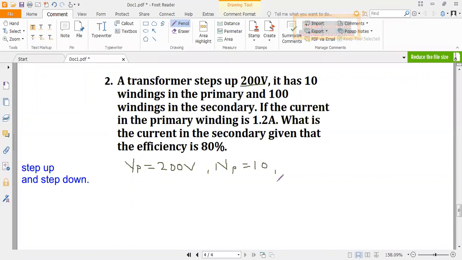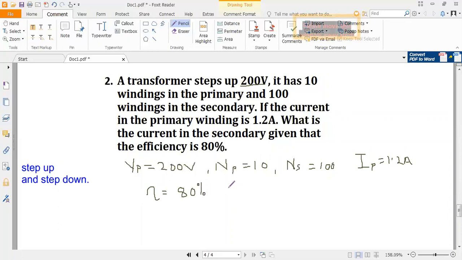And then 100 windings in the secondary, which means the number of turns in the secondary coil, Ns = 100. The current in the primary winding, which I'm going to call Ip, is 1.2 amperes. What is the current in the secondary, given the efficiency? I'm going to use this symbol to represent efficiency. The efficiency is 80%.